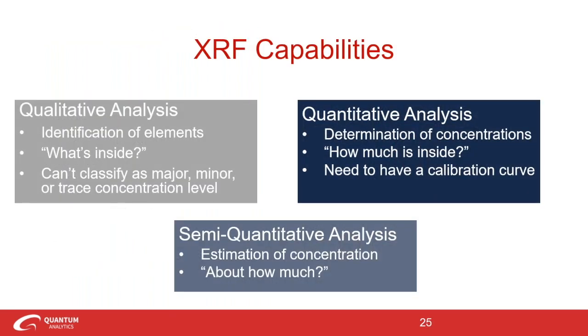So XRF capabilities, you have effectively like 3 modes of operation, more like 2.5, right? So for qualitative analysis, this is your identification of X-ray emission lines, which nowadays is usually fully automated, but no one really should take this program's results as absolutely correct, right?